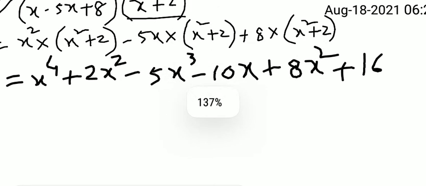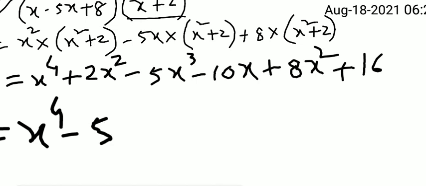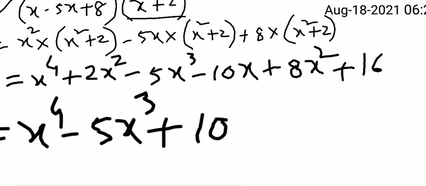So the multiplication process is completed. Now calculate and write in proper order. So write x to the power 4, then write minus 5x cube. Okay. Then plus 2x square and plus 8x square will be plus 10x square. Then minus 10x is there.